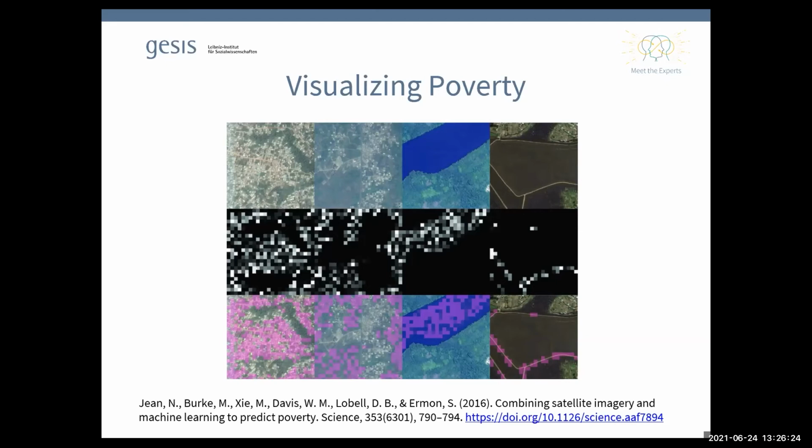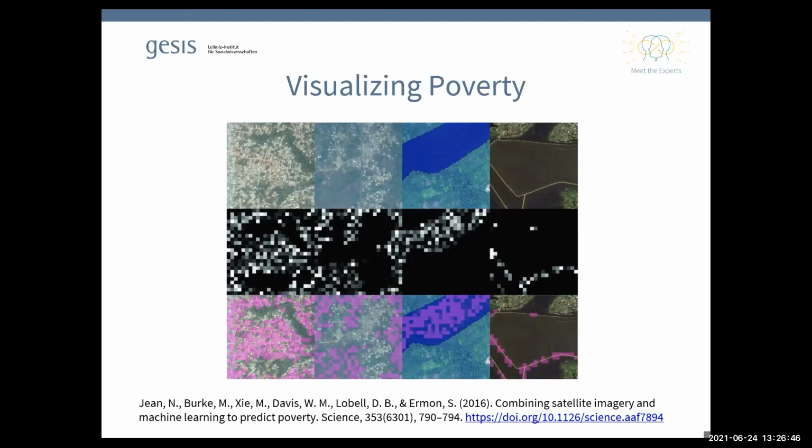And the authors of this paper have explored options to use satellite images that are available and train models that detect features in these satellite images, and they distinguish nighttime and daytime pictures.